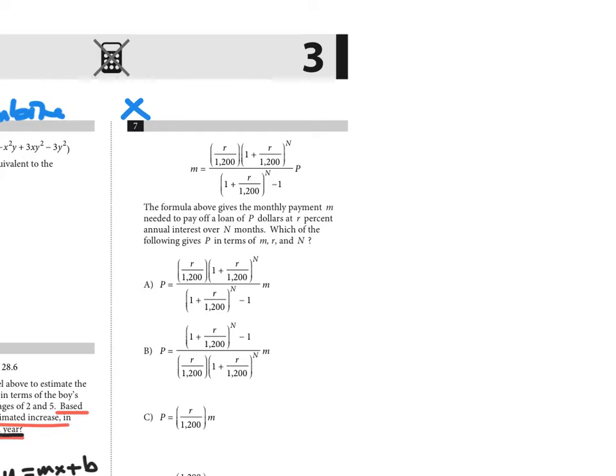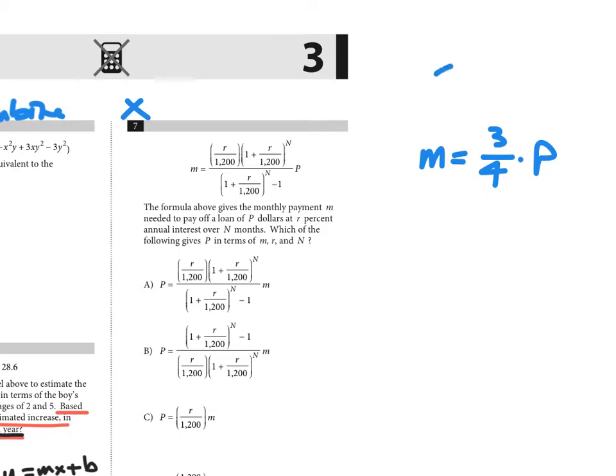So here, look, watch this. If I did M equals 3/4 times P, okay, I would write that down because this one isn't too bad.